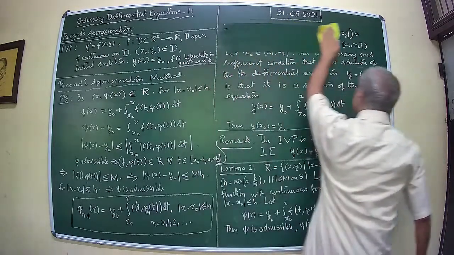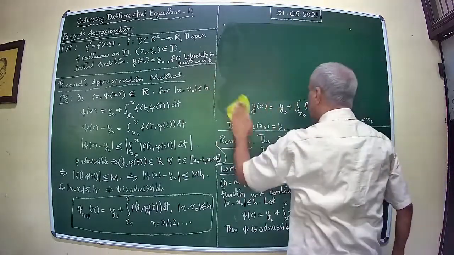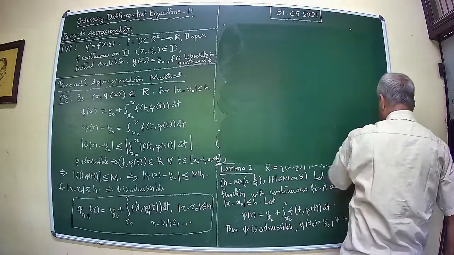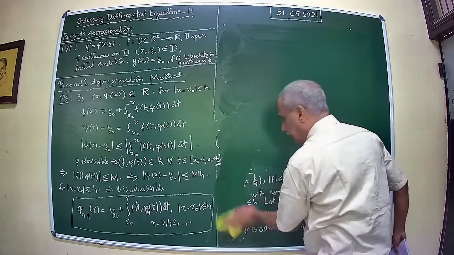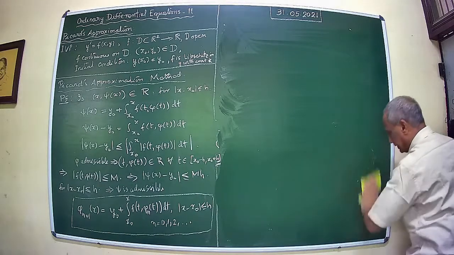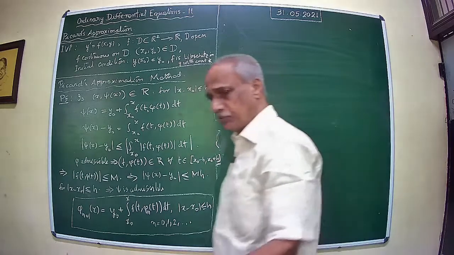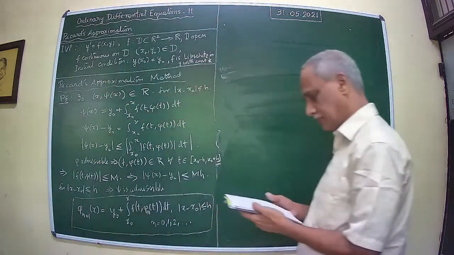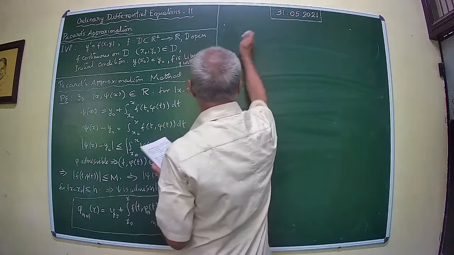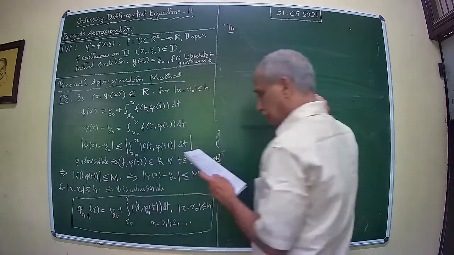Now what next? We want to prove that the sequence converges and becomes a solution of the integral equation, and therefore it's a solution of the differential equation. So as I said, there are a few things to be verified that will give you the result. Okay. So let me write down the theorem. Essential features of the theorem.